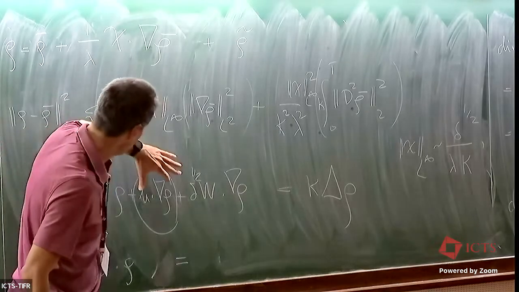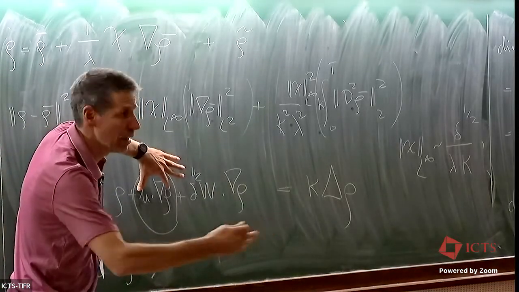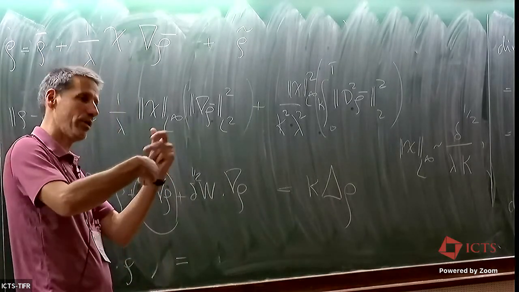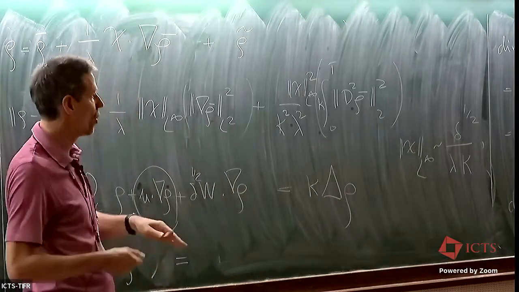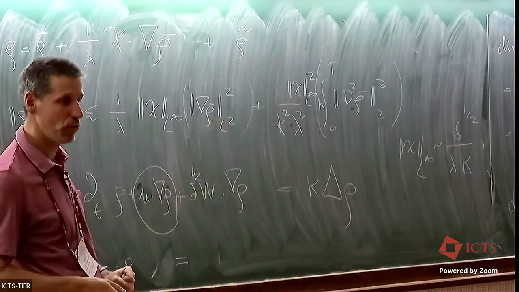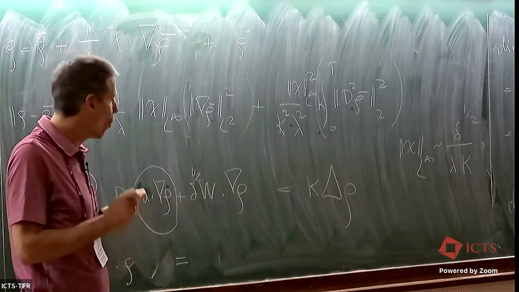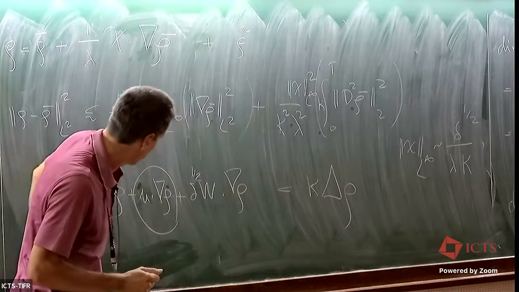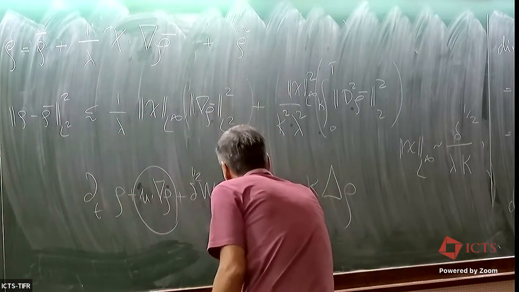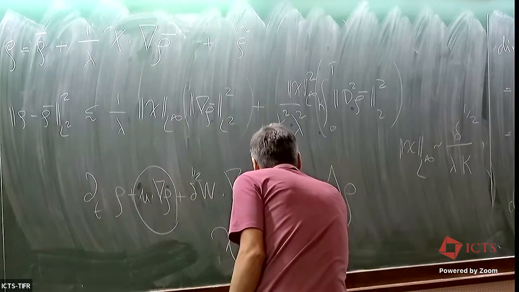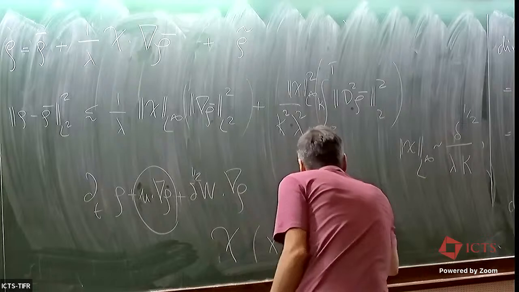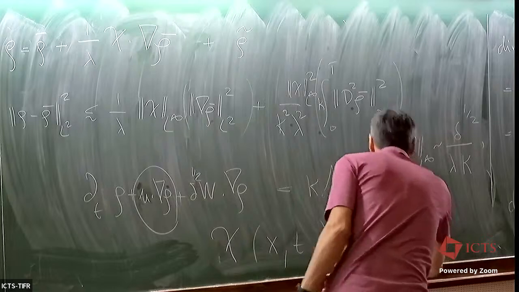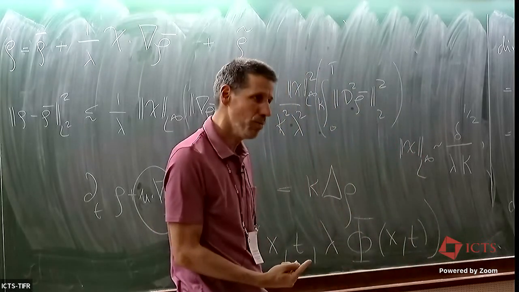Once you have this sort of macroscopic drift, you quickly realize, so you can run the whole thing, what I did yesterday, the multi-scale expansion, or you can try directly something like what I did today. You will quickly realize that the only way that this method can work is if this chi has the form, it depends on x, t, and lambda times phi of x, t, where this phi is the inverse flow map of u.